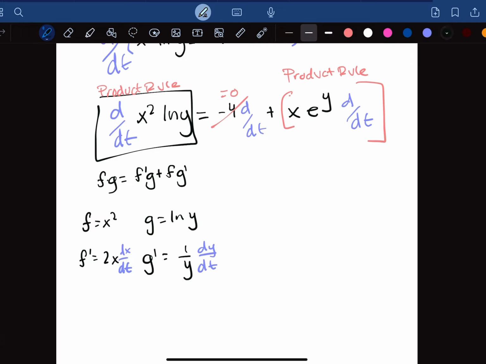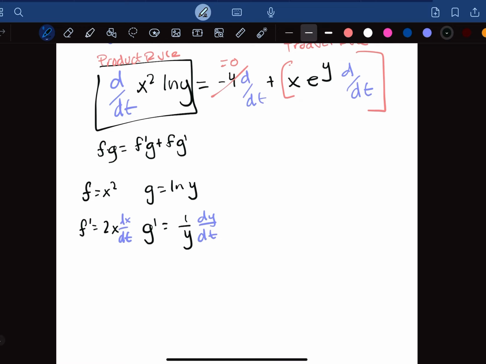So the left side of the equation becomes the derivative of your f, which is 2x times dx over dt, times your natural log of y, plus your derivative of g, which is 1 over y times dy over dt, times your f, which is x squared. So that is the left side of your equation.